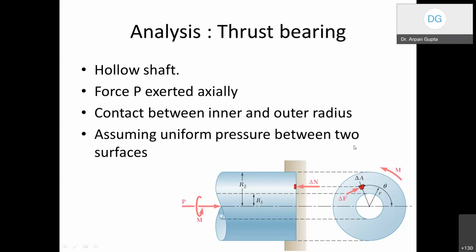We are assuming that there is a uniform pressure between the two surfaces. In other words, we are assuming that there is the same coefficient of friction throughout the surface, throughout the annular ring, and the same pressure which is taking place.